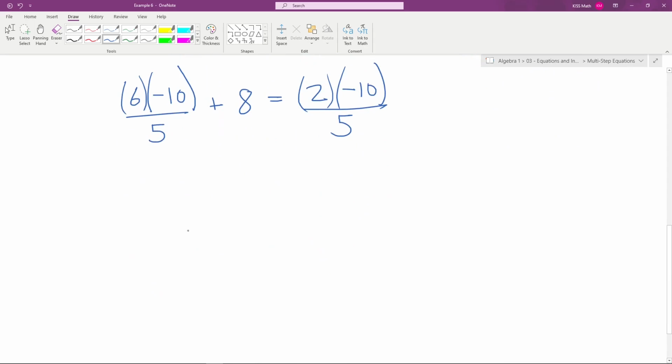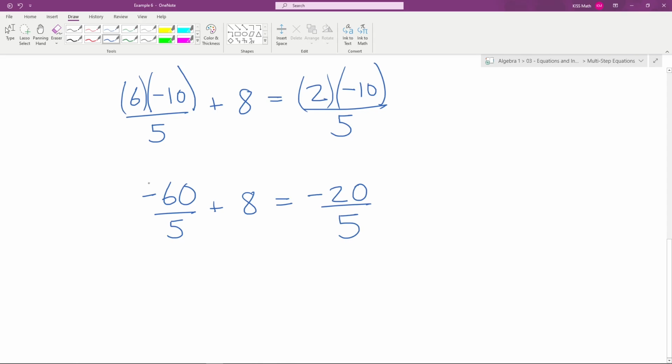Keep going here. -10 times 6, that's -60 over 5 plus 8. And we have a -20 over 5.